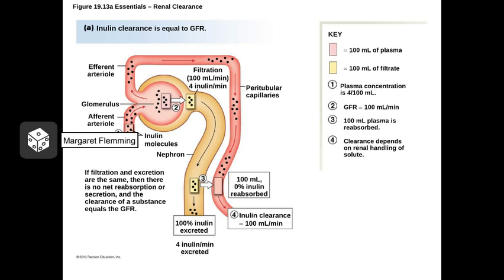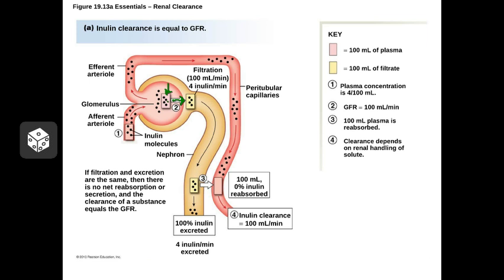Now, what I can't show you here, compared to using the beads and this illustration in class, is, can you imagine that if we are indeed filtering 4 molecules of inulin in 100 milliliters per minute, that this box is now empty.